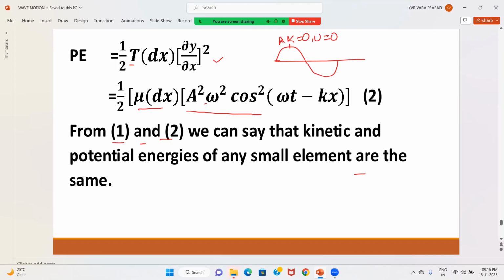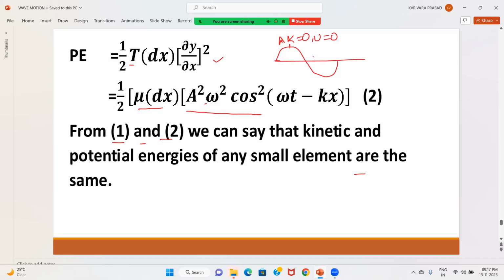So both are 0. Many students have confusion here about why they are the same. Earlier we learned simple harmonic motion, where when potential energy is maximum, kinetic energy is minimum, or when kinetic energy is maximum, potential energy is minimum. But in this case, both are the same. Both are minimum, or both are maximum. So how is this possible? Having a confusion here, I'll explain that.